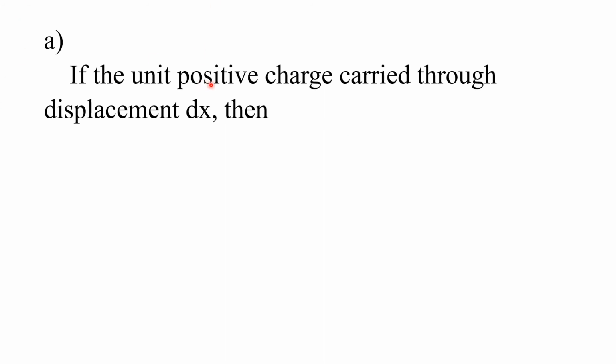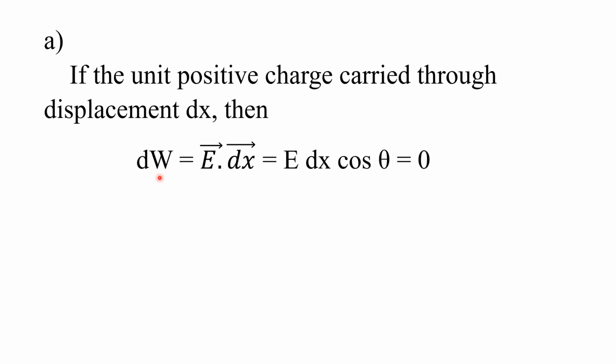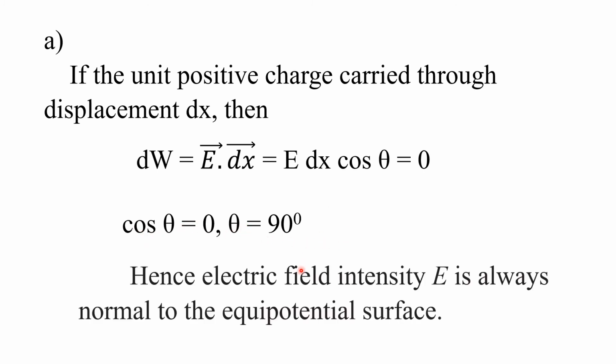If the unit positive charge is carried through a displacement dx, then dW is equal to E dx cos theta is equal to 0. As E dx is not equal to 0, therefore cos theta is equal to 0, so theta is 90 degrees. This shows that the electric field intensity E is always normal to the equipotential surface.